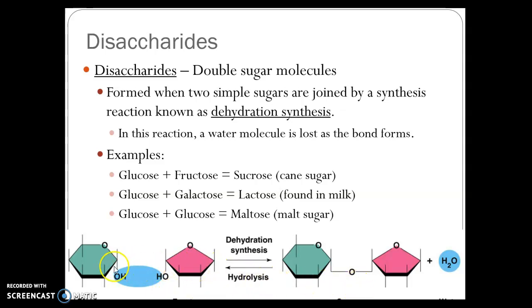So you take that OH away from glucose and the hydrogen away from fructose, and that gives you water. When that water releases, now the glucose and the fructose can join with each other, and that creates sucrose, which we find in a lot of products that we eat. So you end up with that water. So that's a dehydration reaction to allow those two to come together, so it releases water.